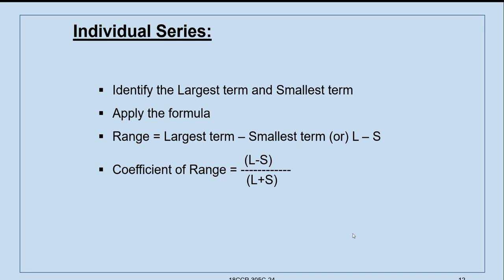For coefficient of range, L minus S by L plus S. So in individual series, range is L minus S. For all the series, the formula is the same. How we apply it is very important. In individual series, we have only one column. So find out the largest value and the smallest value and then calculate the range and coefficient of range.